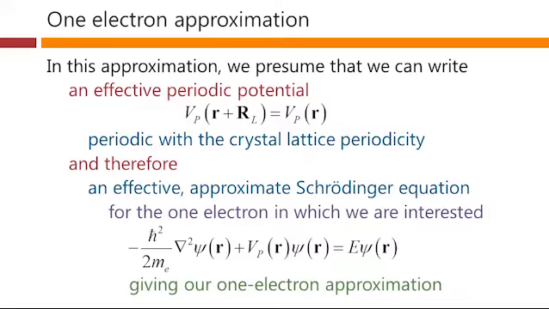So to summarize, we have presumed, at least as a simplification, that for any one electron we can pretend that it sees a completely periodic potential. And that's what we put in our Schrödinger equation. And this periodic potential is the sum of the effects of all of the other electrons and all of the other nuclei. That's our presumption in the one electron approximation.